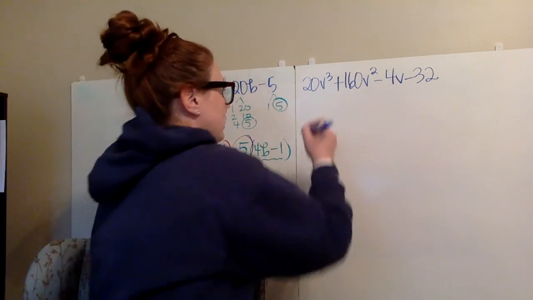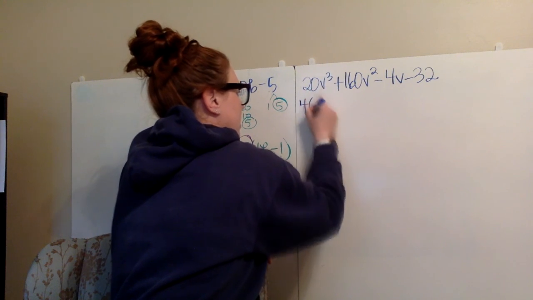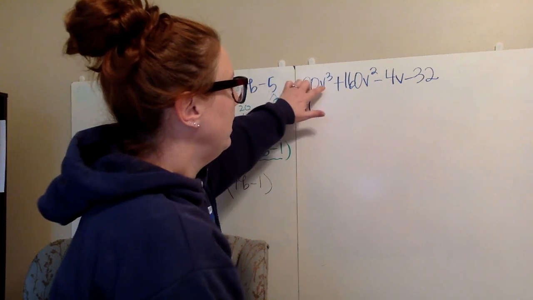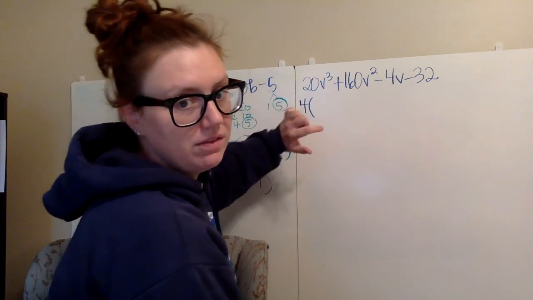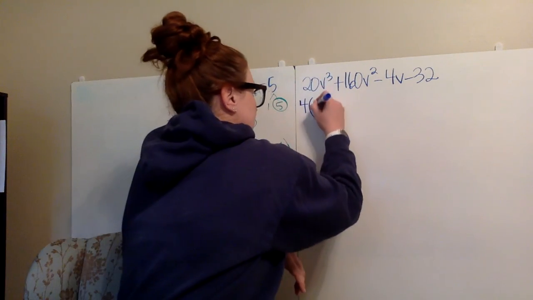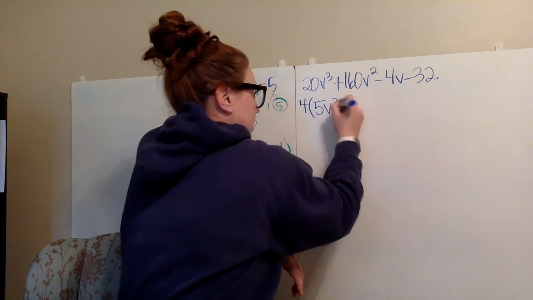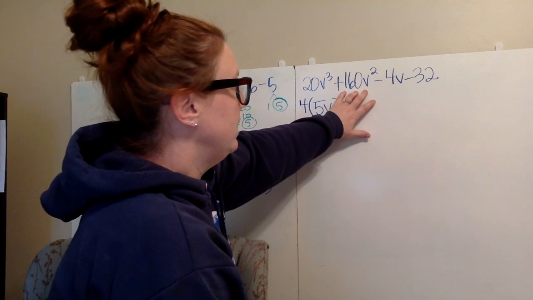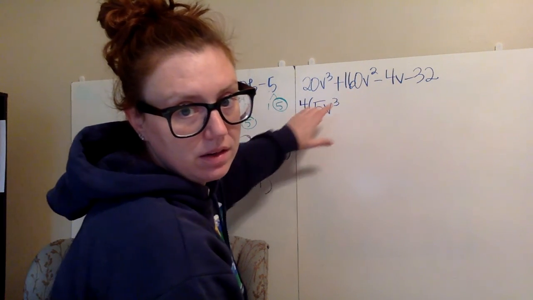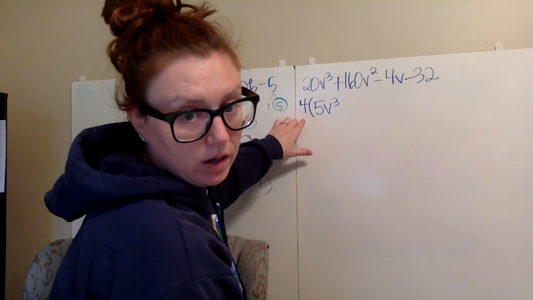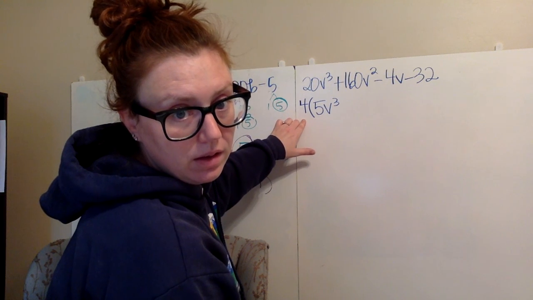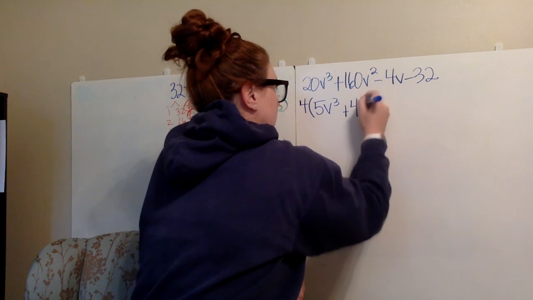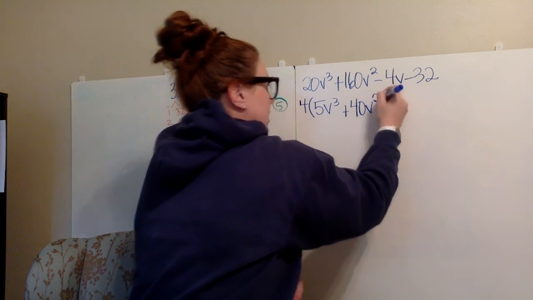So I'm going to put a 4, and then I'm going to figure out what's left behind. 20v to the third divided by 4 is 5v to the third. 160v squared divided by 4, right, is what? 40v squared.